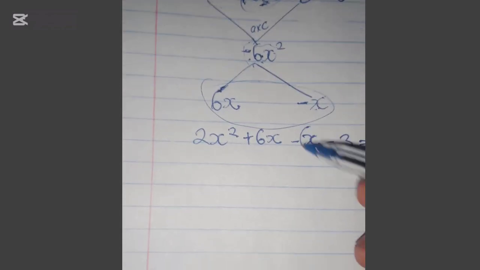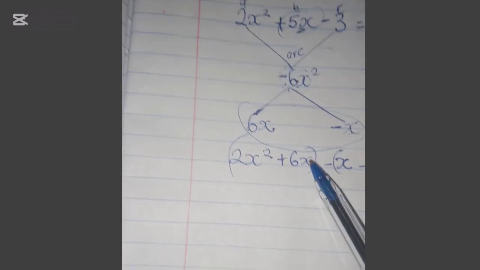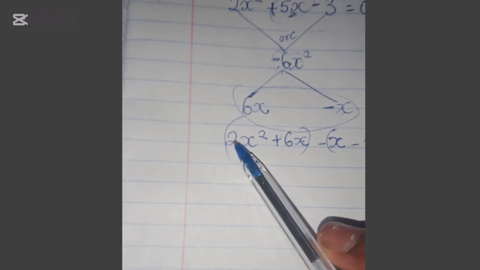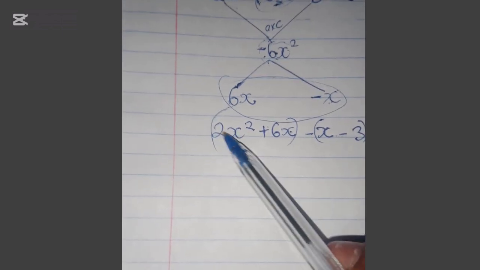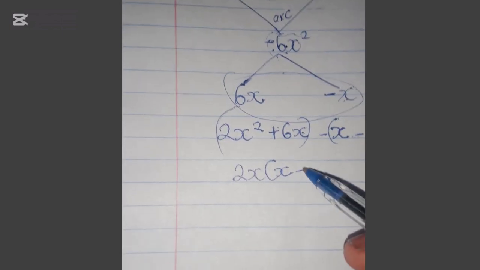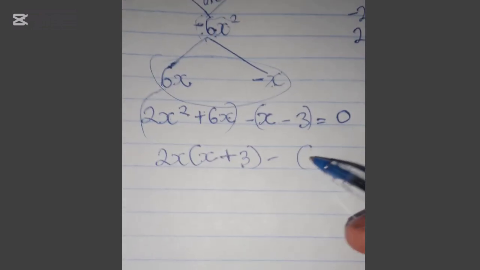So what you just do, you just put a bracket here, just factorize here, what is common to here? We have 2x. Why? 2x can go into here and 2x can also go into here. So 2x into here is x plus 3. And what is here is also what is going to be in this other bracket as a simple hack.